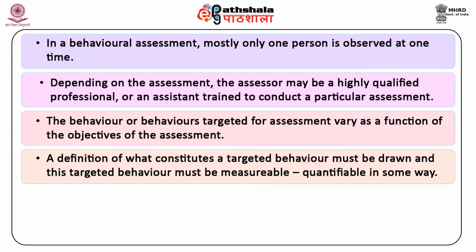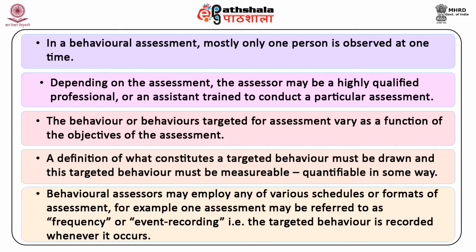A definition of what constitutes a targeted behavior must be drawn, and this targeted behavior must be measurable, quantifiable in some way. Behavioral assessors may employ any of various schedules or formats of assessment.